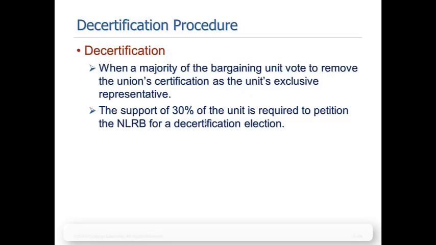Again, it starts with a card signing campaign, and as long as you can get 30% of the unit to sign cards, to sign a petition, then you can petition the NLRB to have a decertification election.